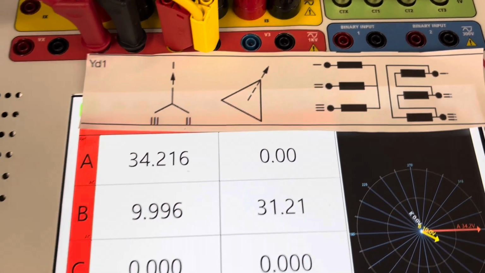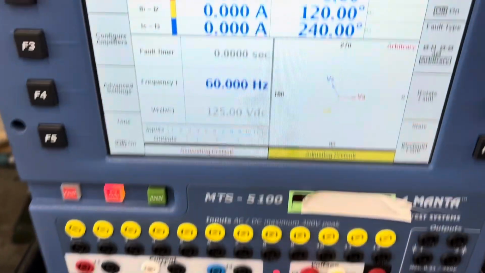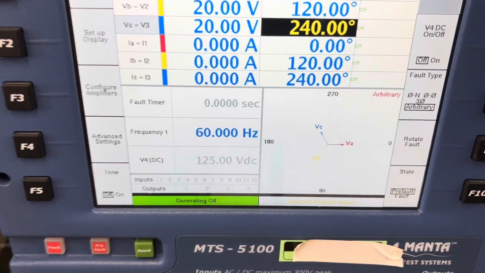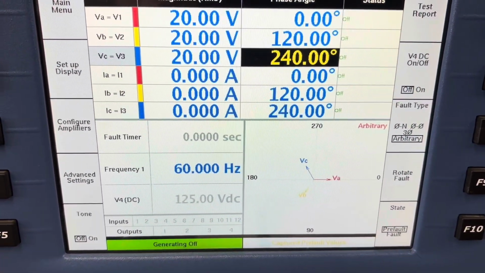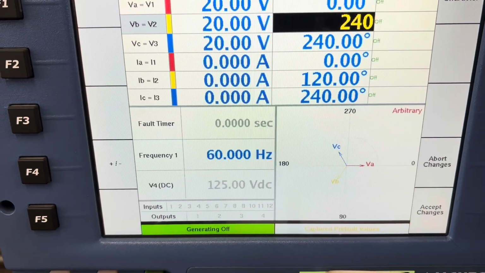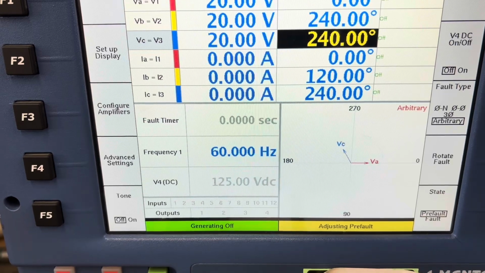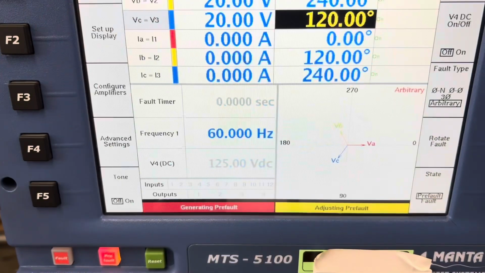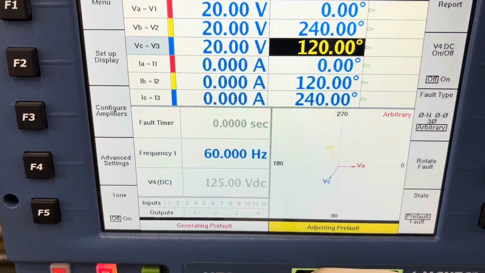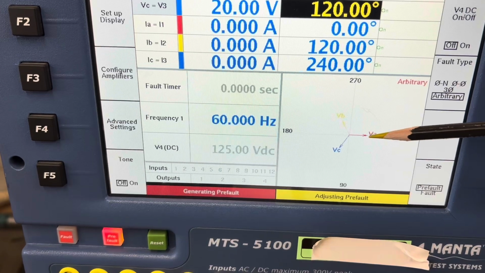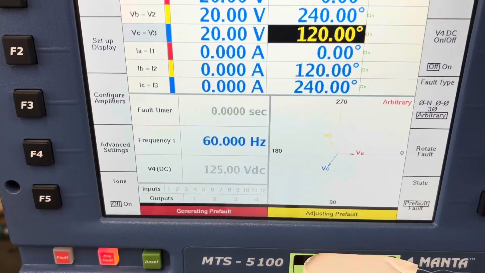So now, while we have you on camera, we're gonna go back over to the Manta. We're gonna shut her down. And then we're gonna go and flop the phase sequence. Go ahead and turn it on. So now we are A, C, B, or 1, 3, 2 phase sequence.